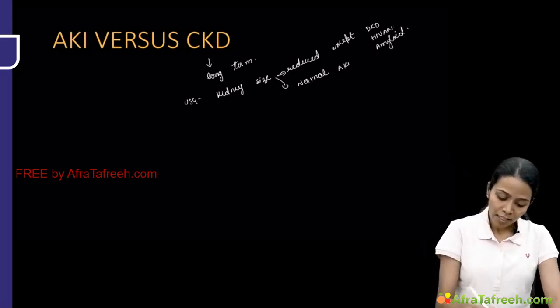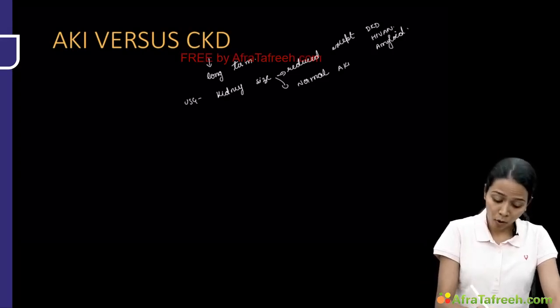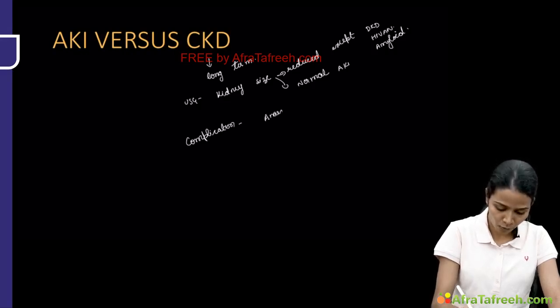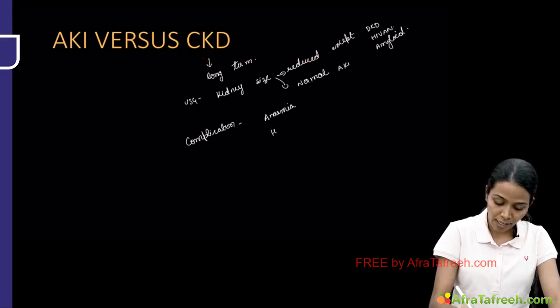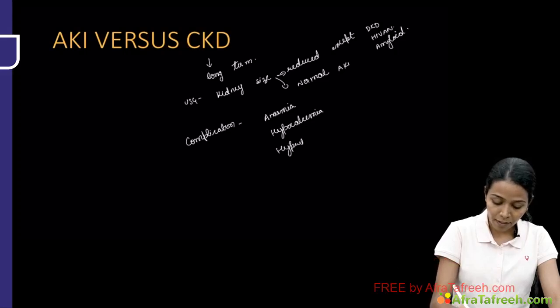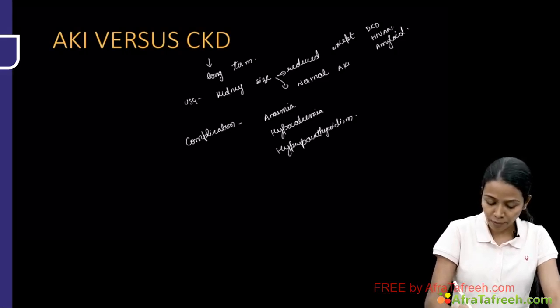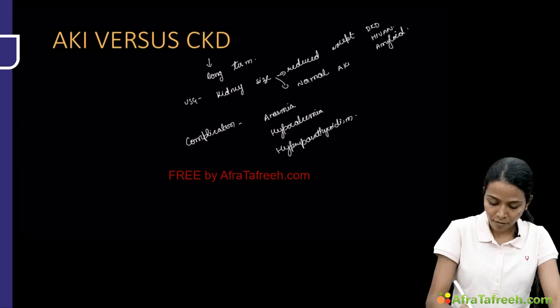Okay. Next is if you see the complications because of CKD, like if the patient has anemia, which is normocytic normochromic, if the patient has hypocalcemia, hyperparathyroidism, and also if the patient has hyperphosphatemia.